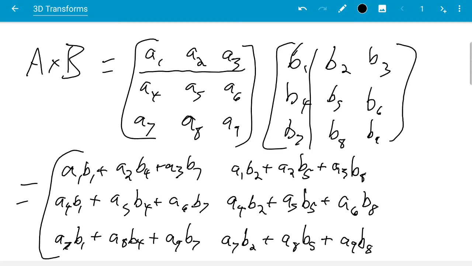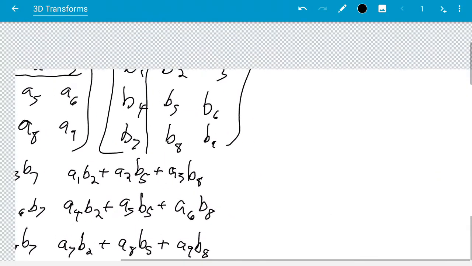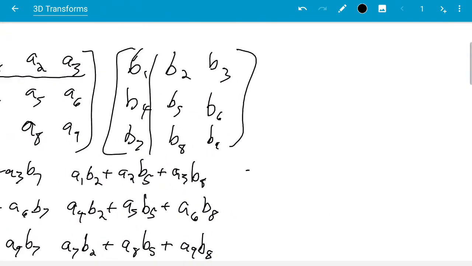And then for the last column, we're going to have to do it again. So we've got A1, B3 plus A2, B6 plus A3, B9. Right?